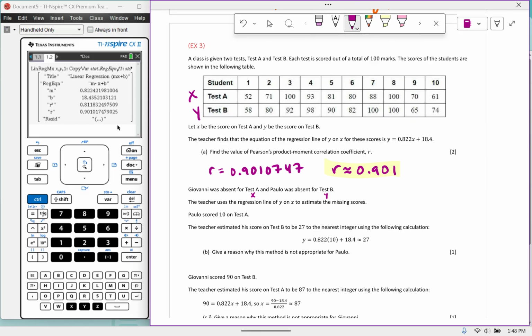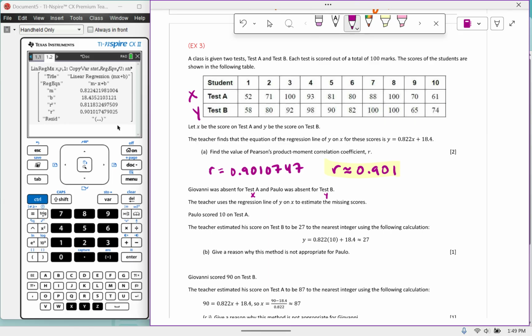Okay, so he subbed x into the linear regression equation that was given above, right? It was an x, he put it in for x. So that's not the problem. It looks like there's going to be a problem, right? Give a reason why this method is not appropriate for Paolo. It's not a different test because it said it was for x, which is test A, and we put it in for an x, right?